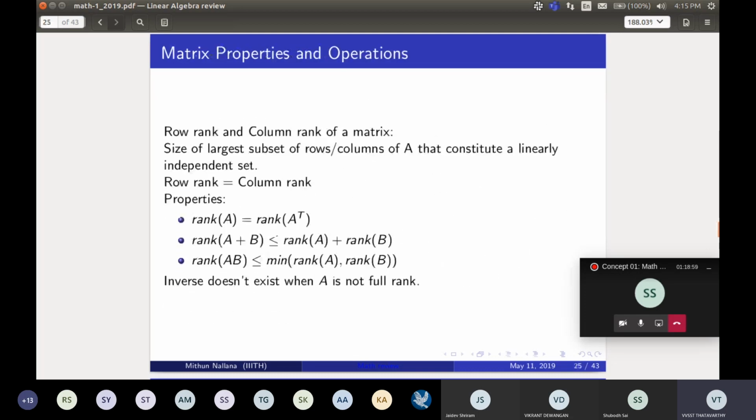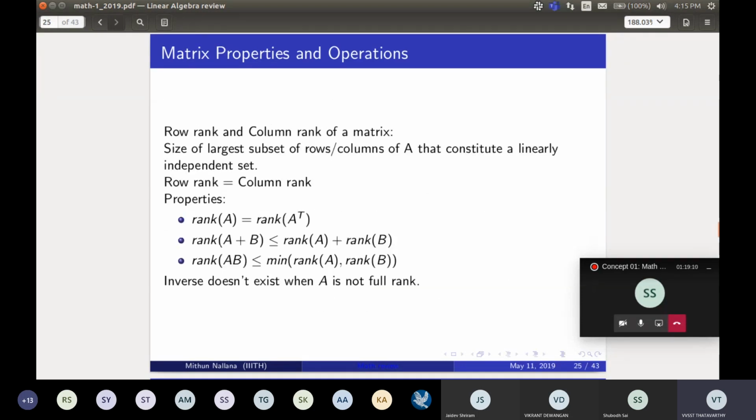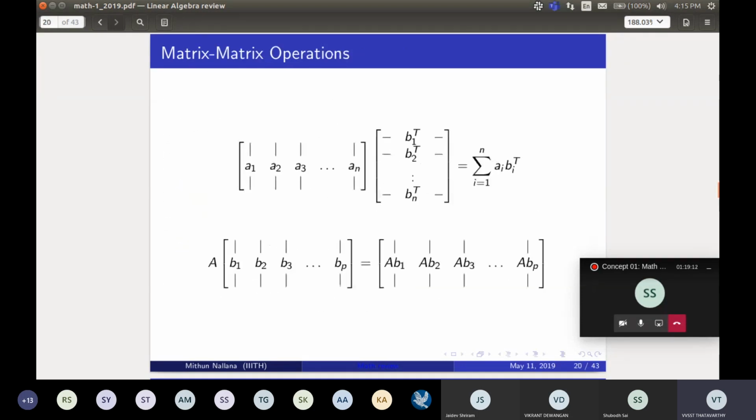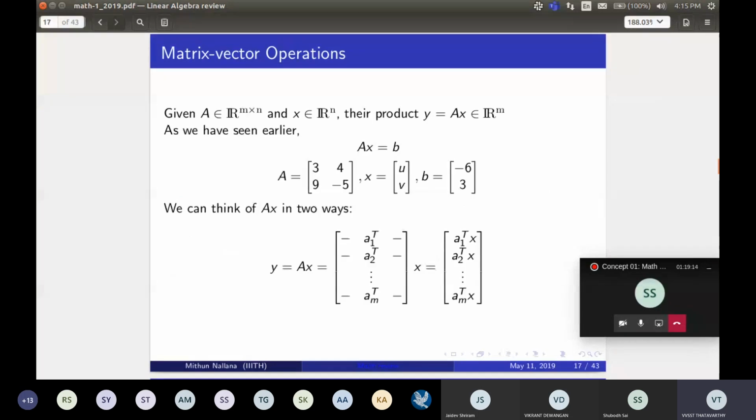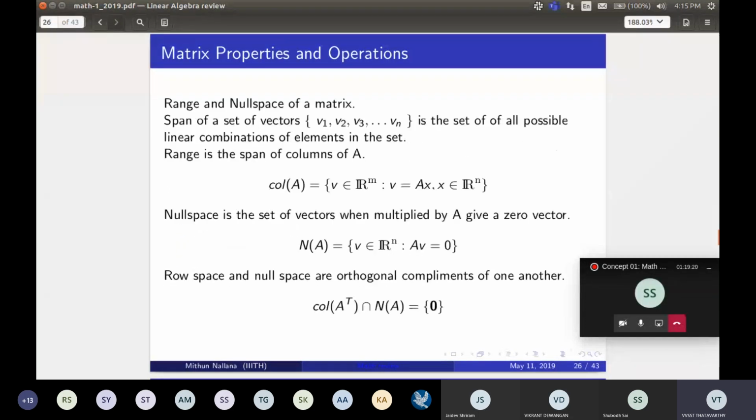So if you take the determinant of a matrix, the coefficients are just either 1 or 0. Either the product term is present or not present in the determinant.